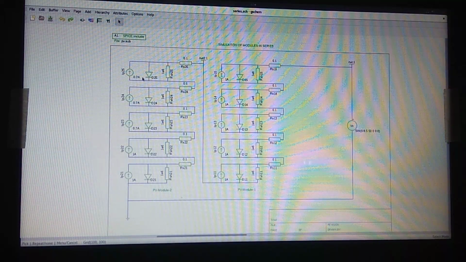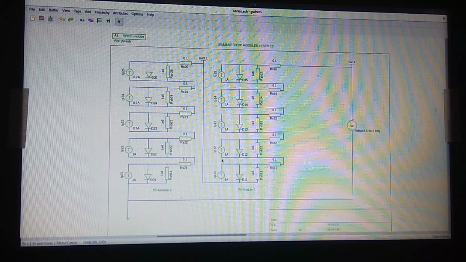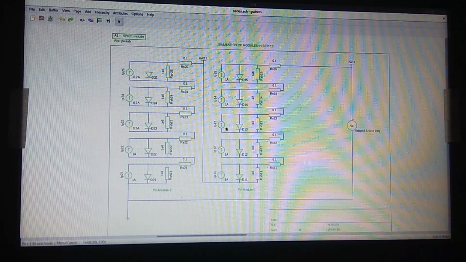I have here the circuit of two modules connected in series. Now this is module 1. This module 1 contains 5 PV cells, and these 5 PV cells are identical, all having 1 amp insolation current sources. They are connected in series.